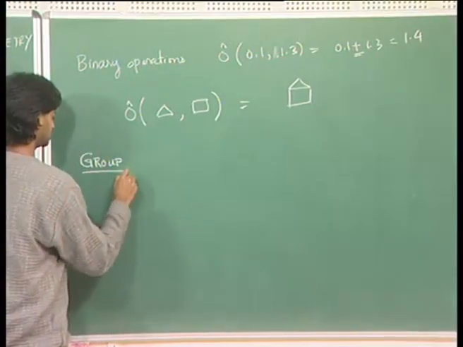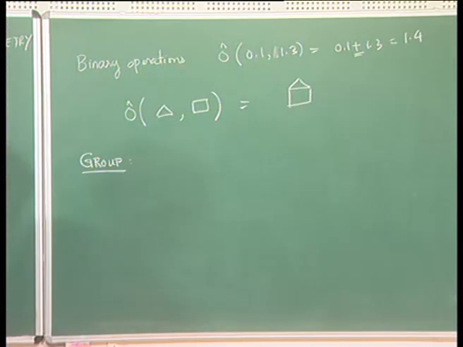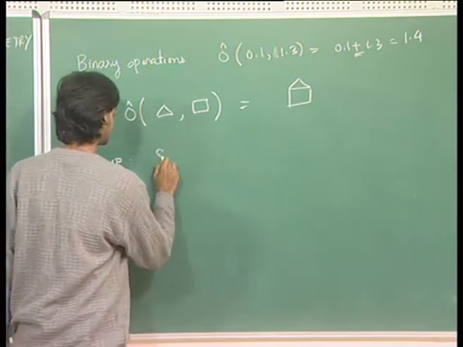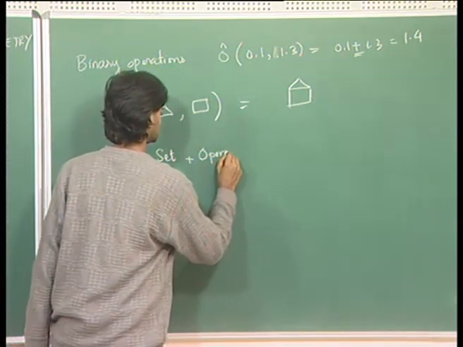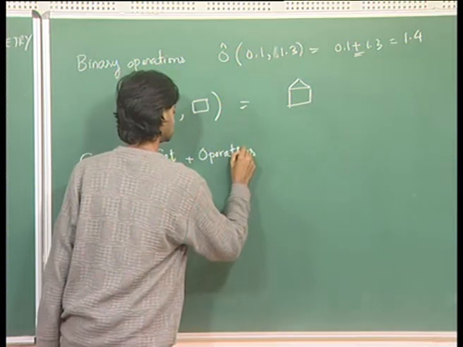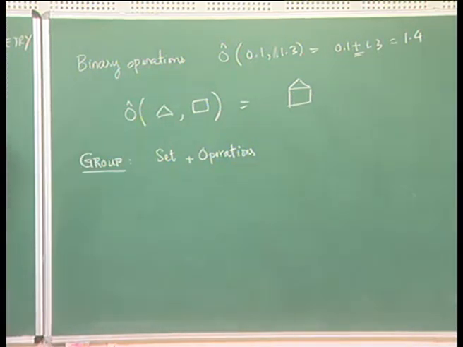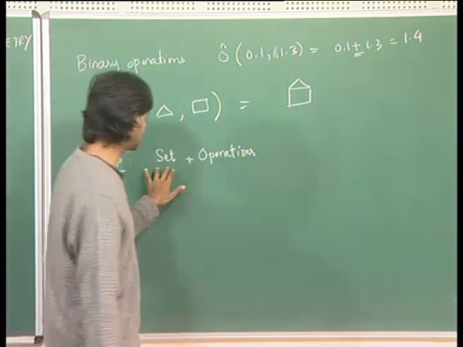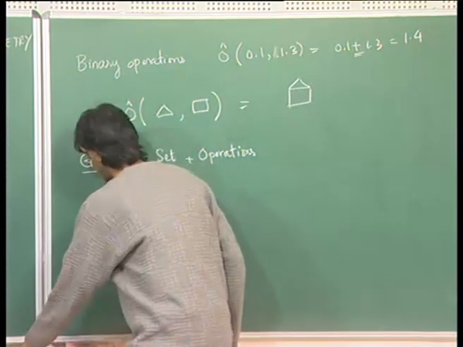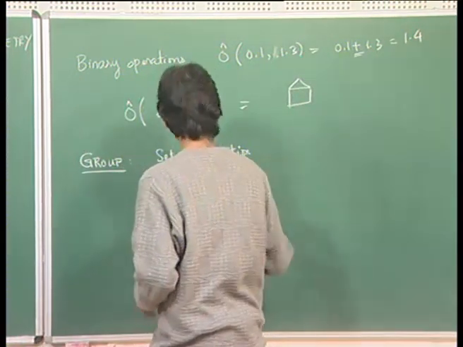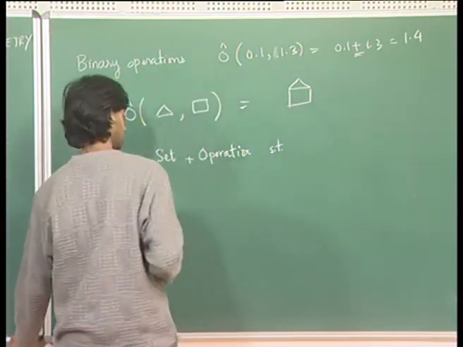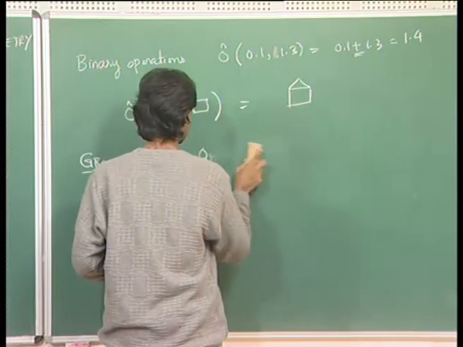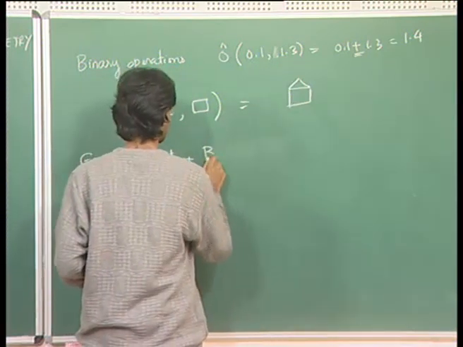A group is composed of two things: one is a set, plus a binary operation.